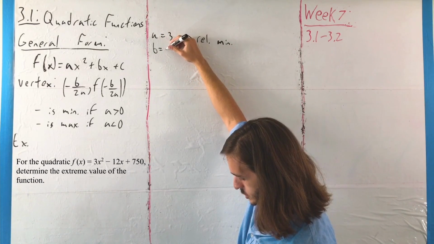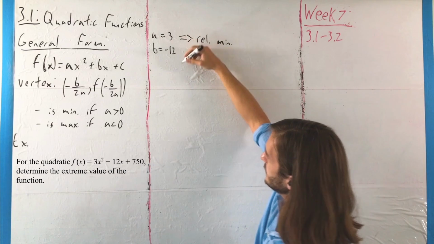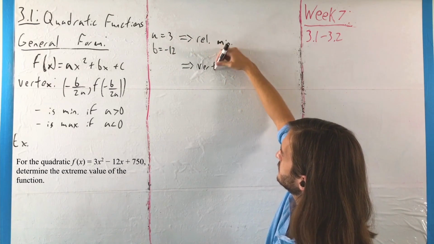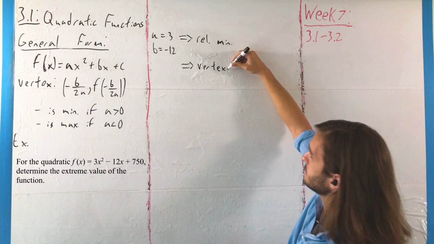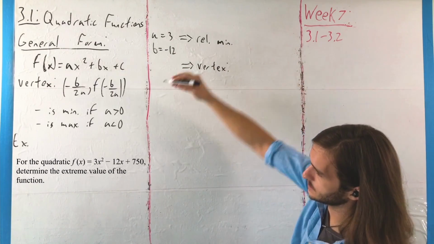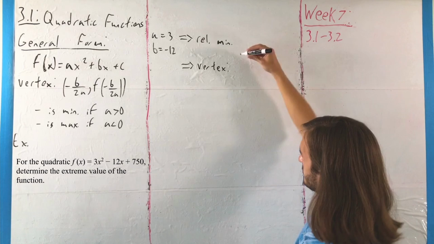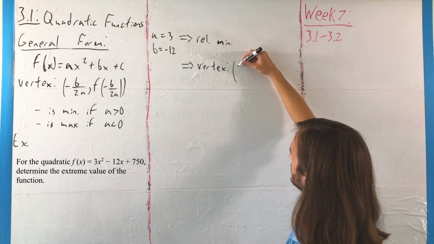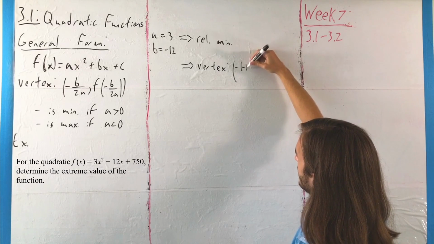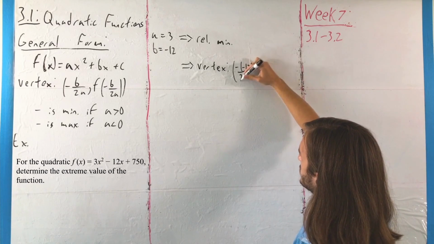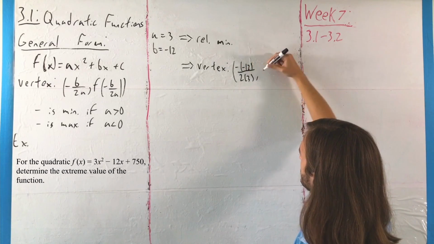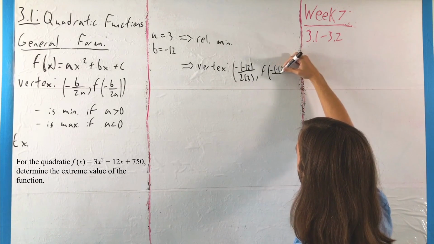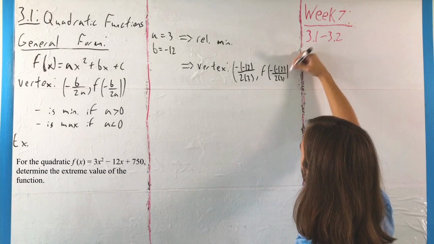b here will be negative 12, and so our vertex, or in this case our relative minimum, will be at the point negative b over 2a, f of negative b over 2a. So something like negative negative 12 over 2 times 3, and f of negative negative 12 over 2 times 3.